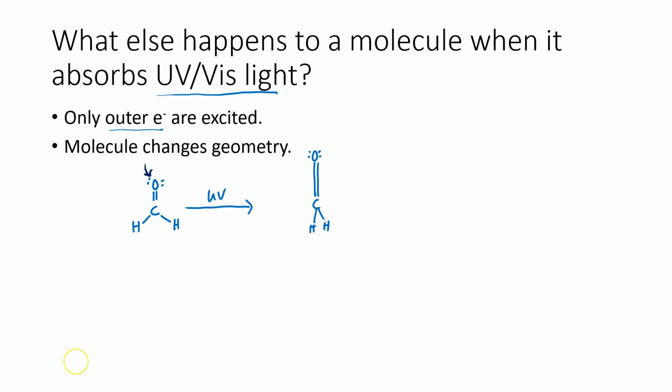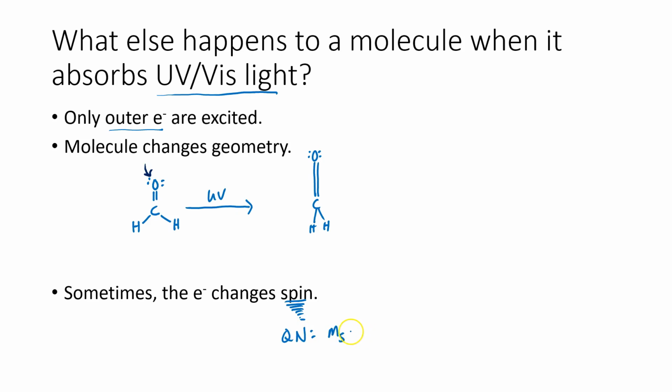The other thing that can happen when a molecule absorbs light is that the electron can change spin. Now, spin, you may remember, is a quantum number with the symbol m sub s, and the allowable values for m sub s were +1/2 or -1/2.